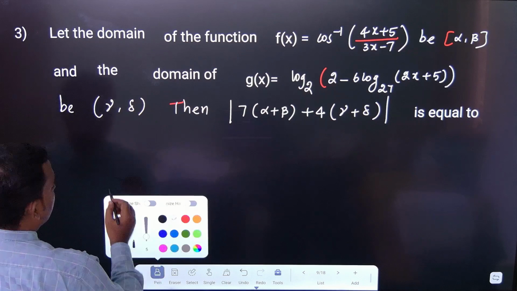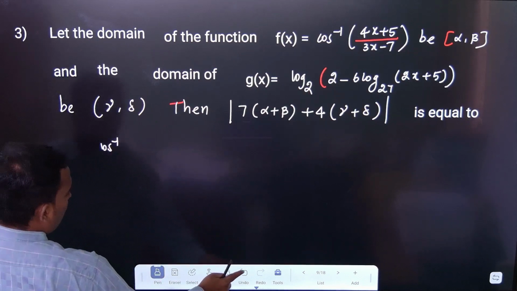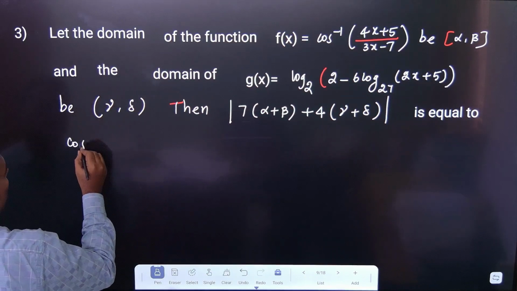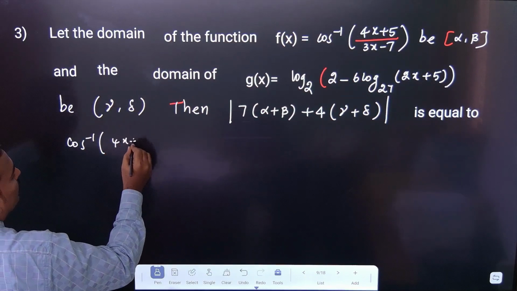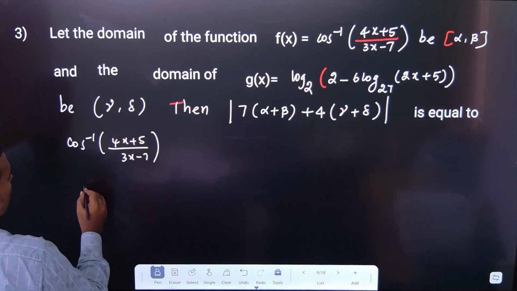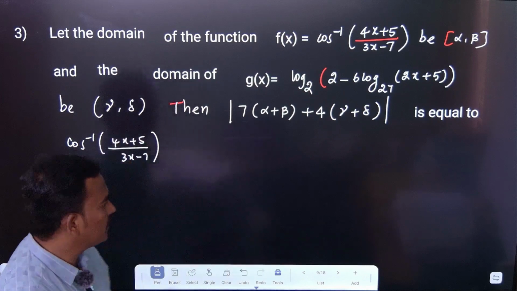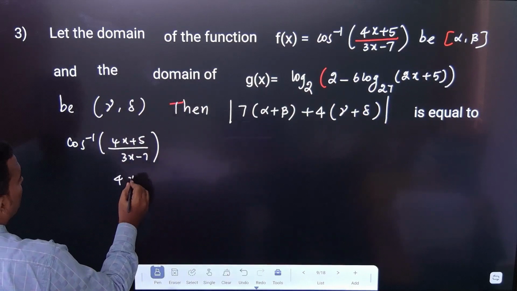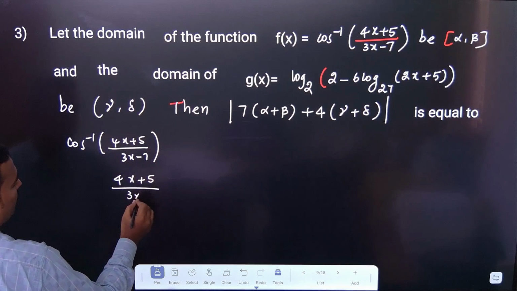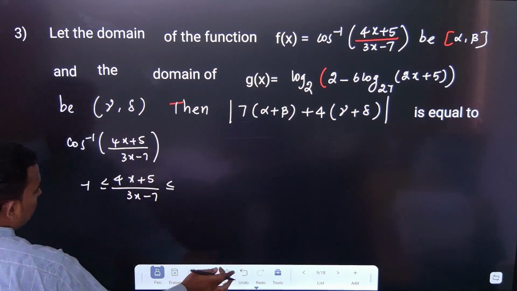First observation: cos inverse of (4x plus 5) divided by (3x minus 7). What is the domain of cos inverse? Minus 1 to 1, definitely. So here (4x plus 5) by (3x minus 7) is from minus 1 to 1, right?